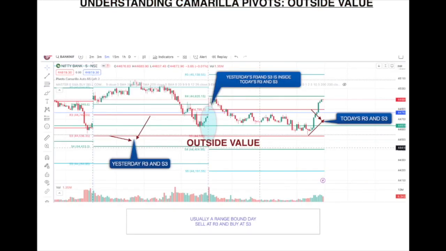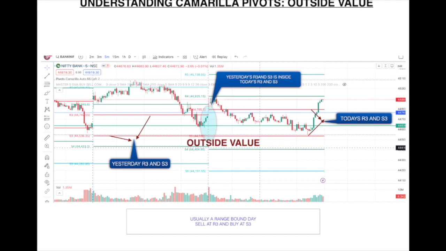Now, coming to the outside value relationship. What is an outside value? In outside value, today's R3 and S3 will be beyond yesterday's R3 and S3. It means yesterday's R3 and S3 will be inside today's R3 and S3. In that case, mostly it is going to be a range bound day, and it is better if the market opens between R3 and S3.